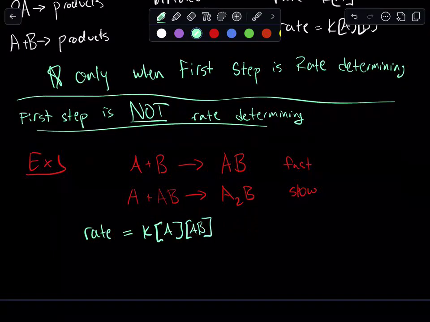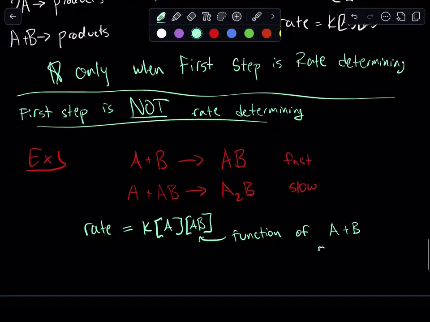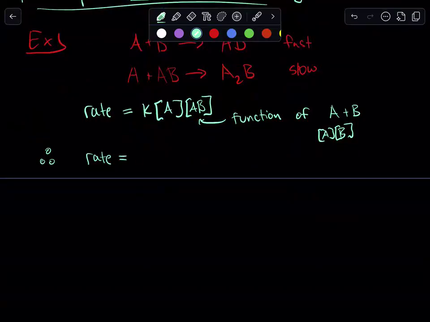But the problem with this is that the creation of AB is actually a function of A plus B. So AB is actually determined by the concentration of A times the concentration of B. So we're going to substitute that in, and therefore our new rate equation is going to be equal to k[A], and then AB is a function of A and B, which can be rewritten as k[A] squared [B].